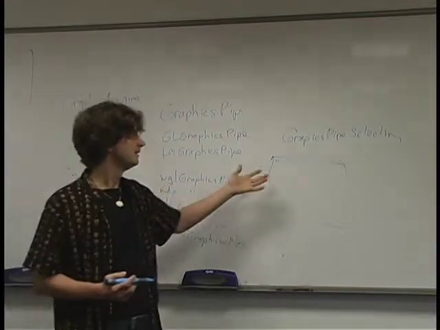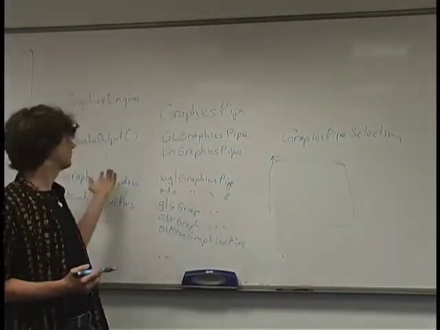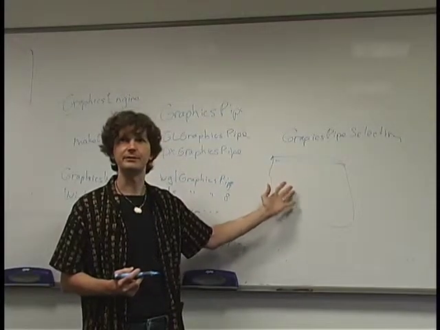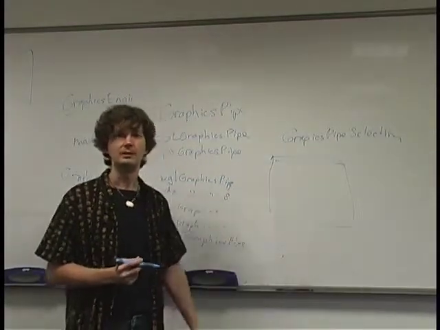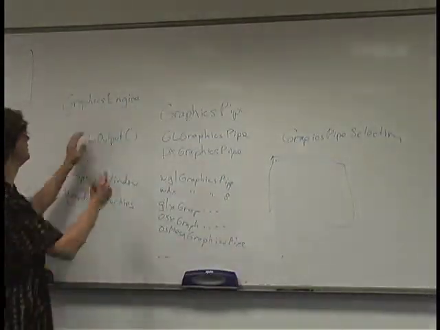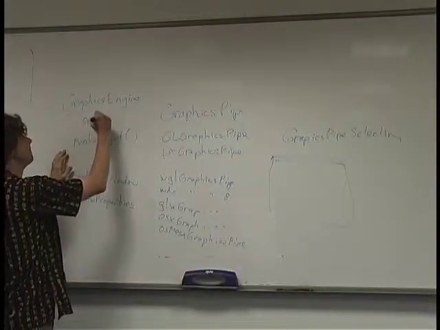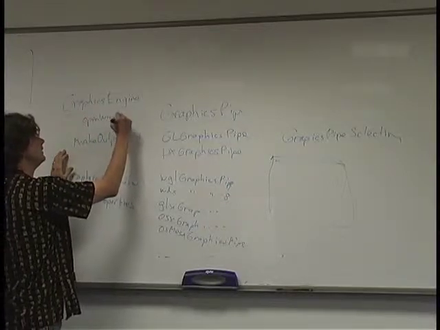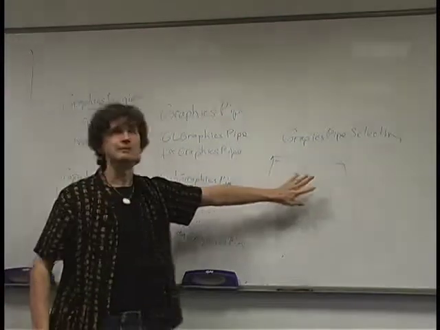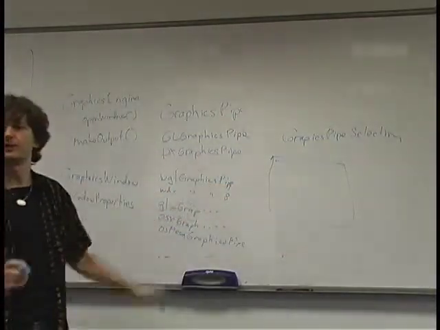Although we've got a graphics window object, the window will actually manifest the first frame it gets rendered to. If we want it to manifest right now, we don't want to wait for it, you can call graphicsEngine.openWindows. And that means stop whatever you're doing, don't return until you've opened the window, and then I've actually got a window on screen.